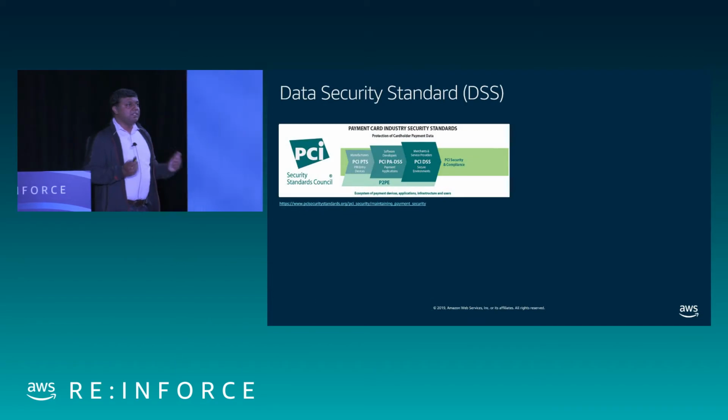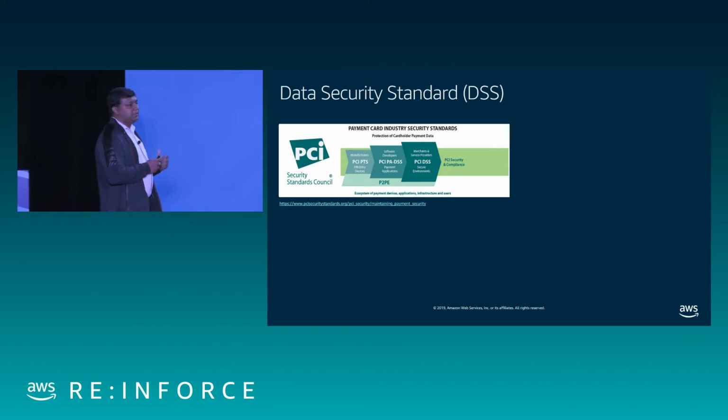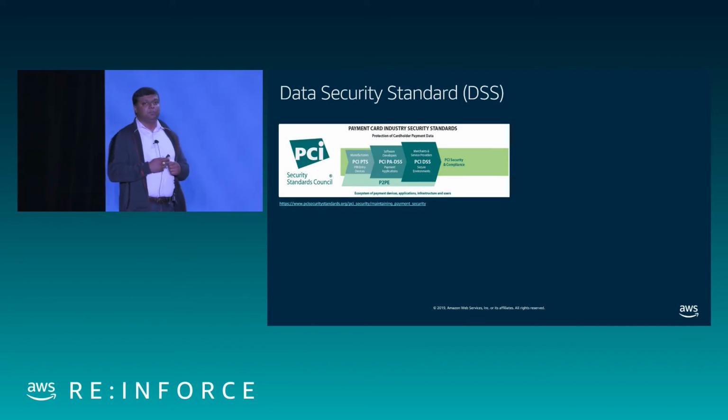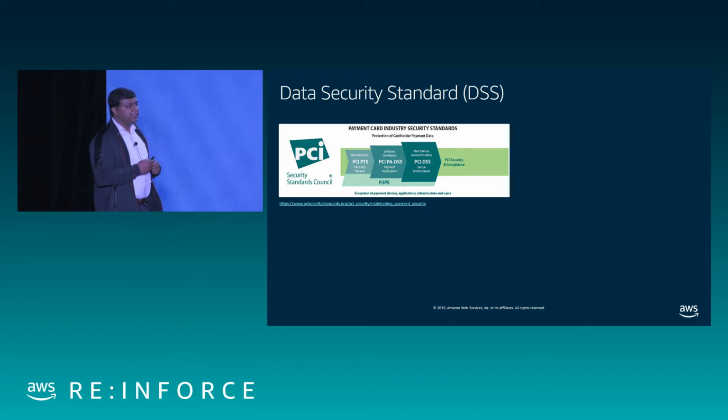So just a quick look at PCI. The PCI Security Standards Council has developed and maintained a number of security standards that are aimed at different entities. The PTS is the security standard aimed at manufacturers who are developing POS systems.